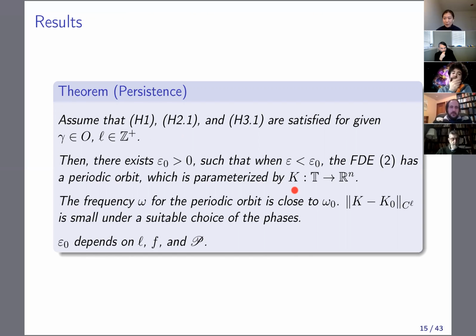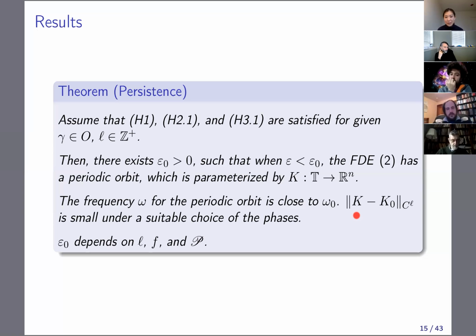And we are also going to show that the parameterization of the new periodic orbit is going to be close to the parameterization of the periodic orbit of the unperturbed equation in the sense of the C^L norm. Of course, this is with a suitable choice of the phases. Otherwise, it makes no sense to compare those two things.